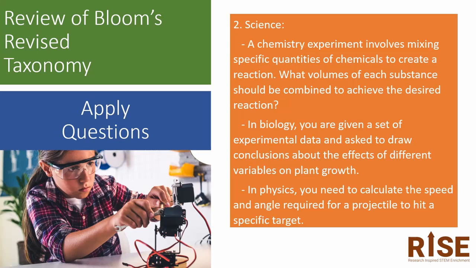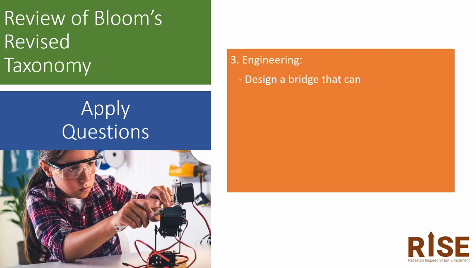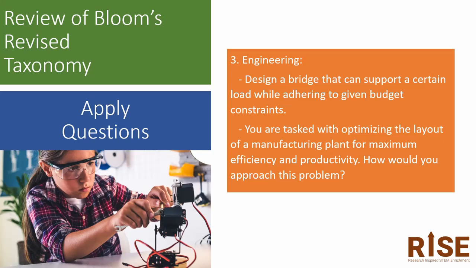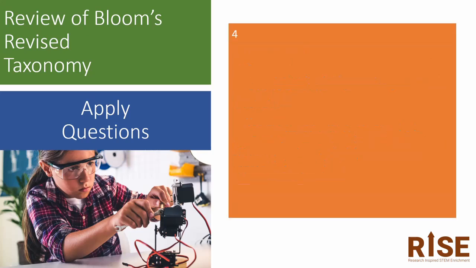In physics, you need to calculate the speed and angle required for a projectile to hit a specific target. In engineering, ask questions such as design a bridge that can support a certain load while adhering to given budget constraints. You're tasked with optimizing the layout of a manufacturing plant for maximum efficiency and productivity. How would you approach this problem?